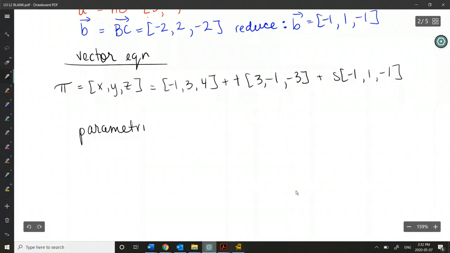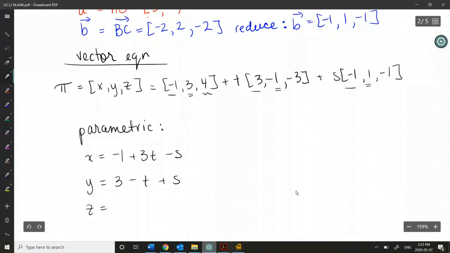In order to find our parametric equations, we are simply going to separate out each component. So I'm going to separate out the x components, which will be these guys. Keep those scalars there as well. So it'll be plus 3t minus s. And then y is going to be these guys with their parameters as well.